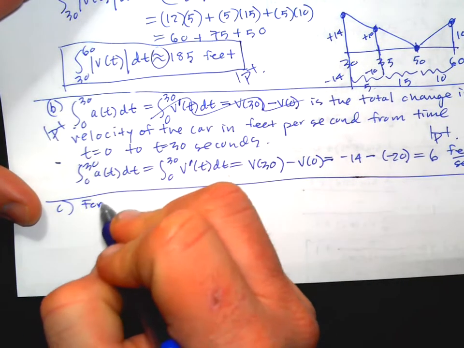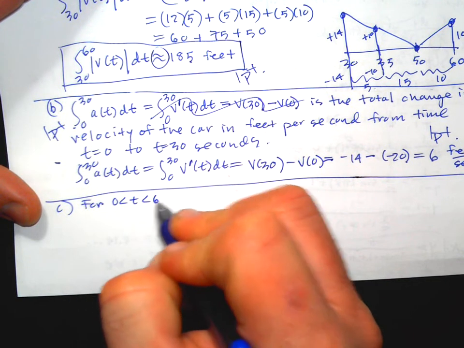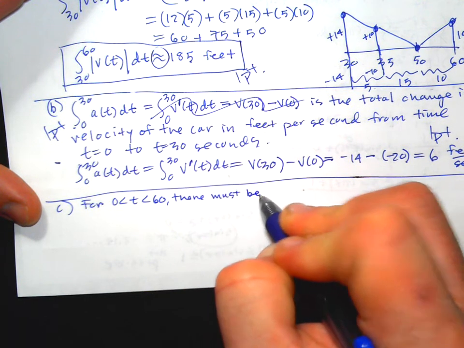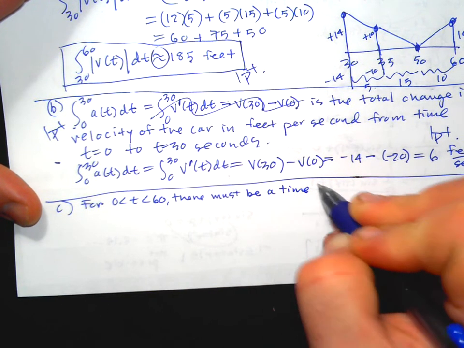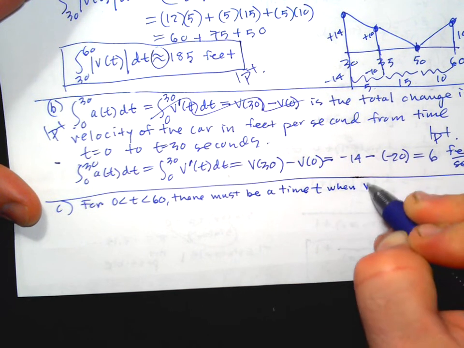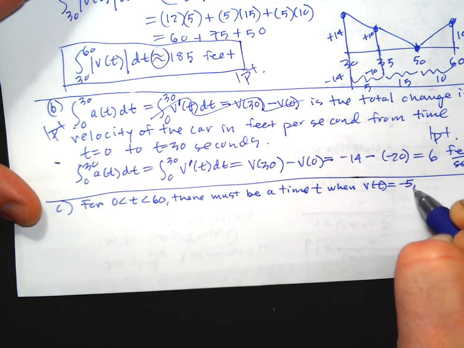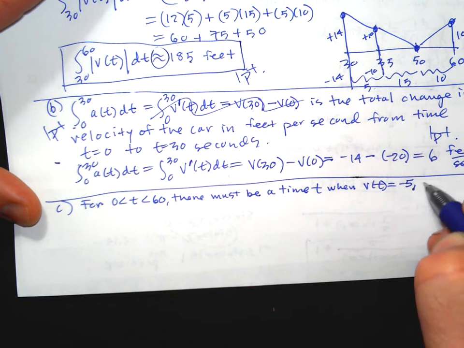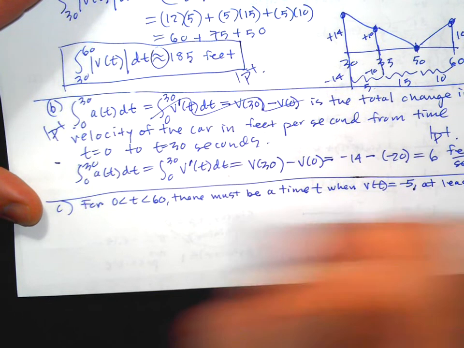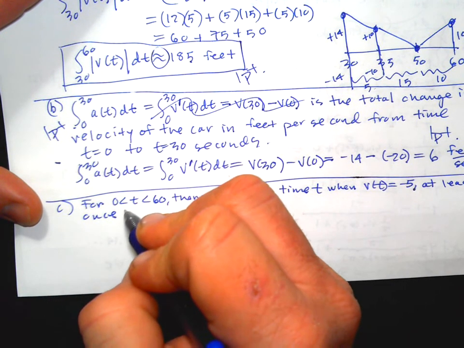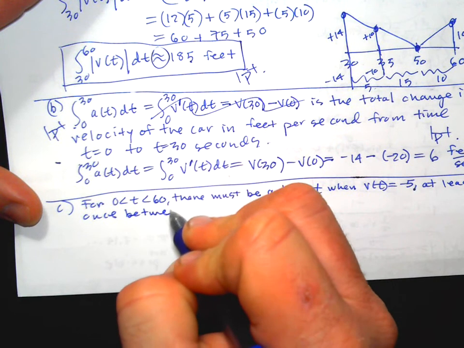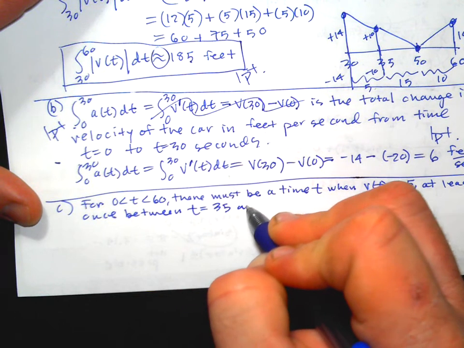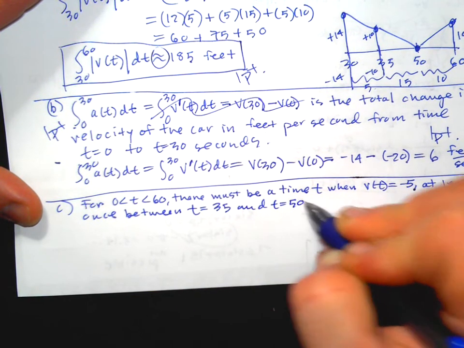I'm going to say for 0 to 60, there must be a time t when velocity equals negative 5 at least once between t equals 35 and t equals 50 seconds.